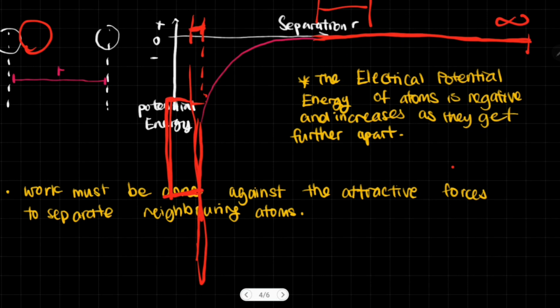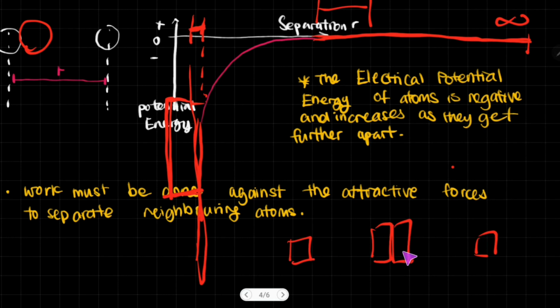And actually, I think that really makes sense because when you think about two magnets being together, you need to put in the most force when they're closer to each other, but when they're very far from each other, you barely need to put in any force to separate them even further. So I hope that gives a good idea of what potential energy is, not only for these atoms or molecules, but generally for a bunch of different things.